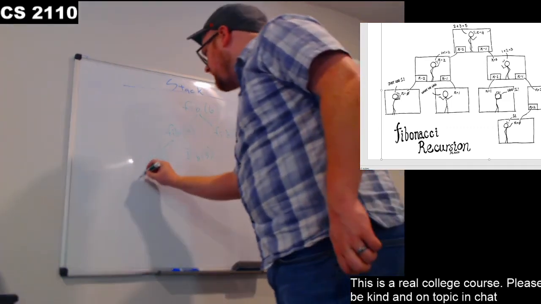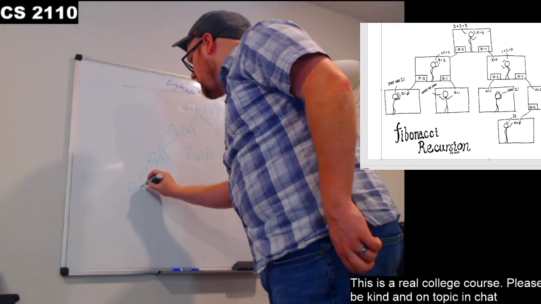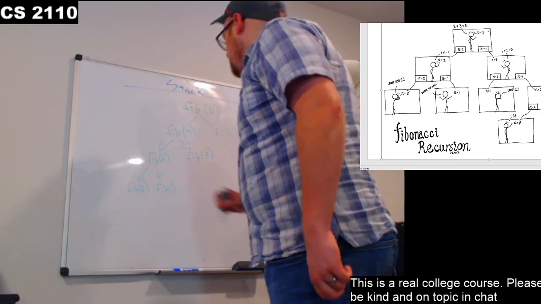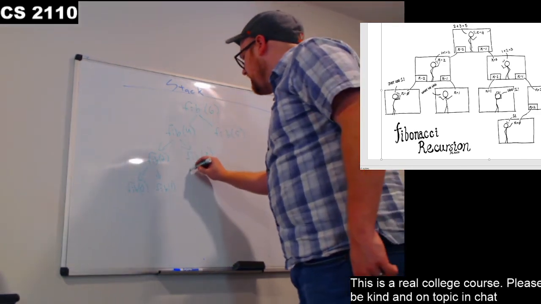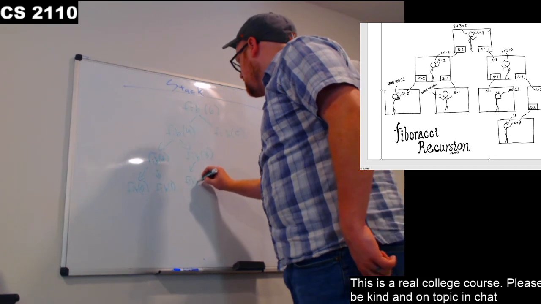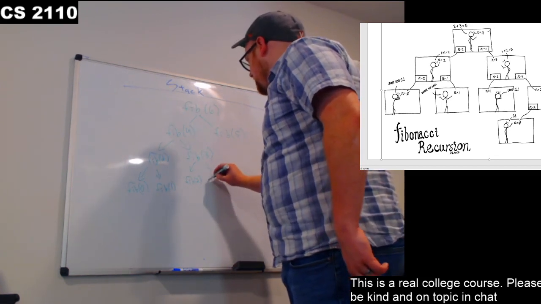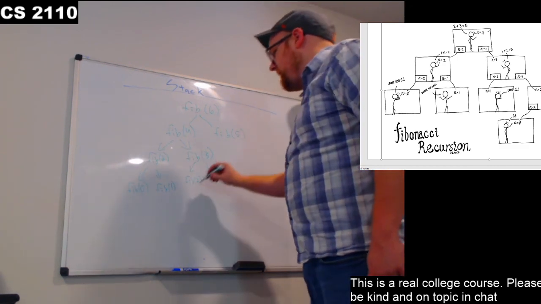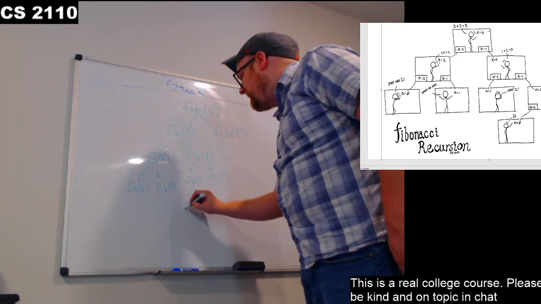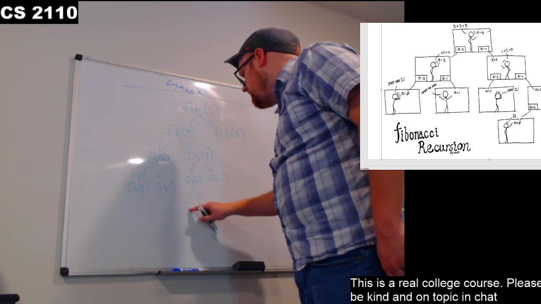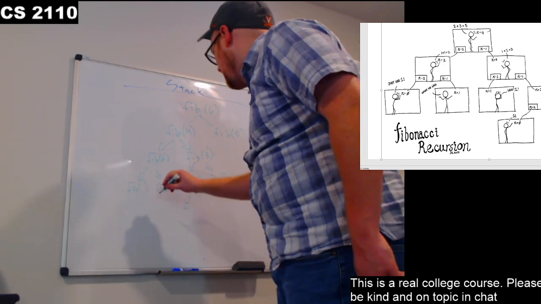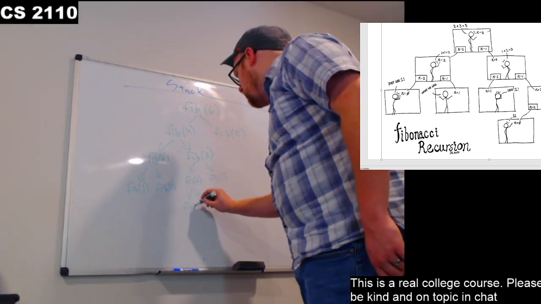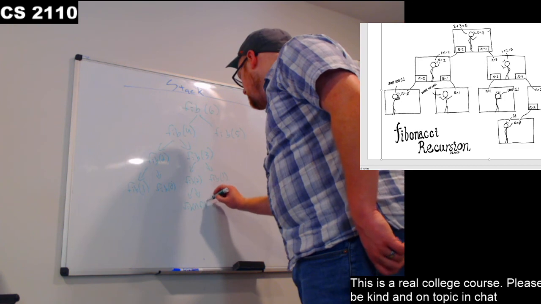Fib 2 breaks down into Fib 0 and Fib 1. Fib 3 breaks down into Fib 2 and Fib 1. Sorry, for consistency, I'm going to make this 1, 0 instead of 0, 1. Fib 2 breaks down into Fib 1 and Fib 0.